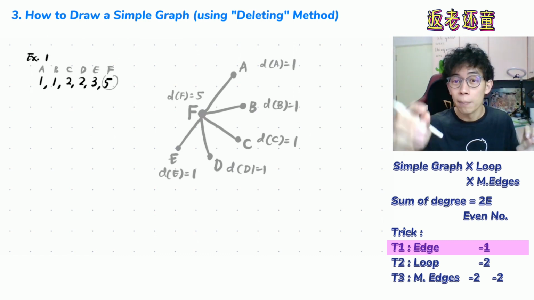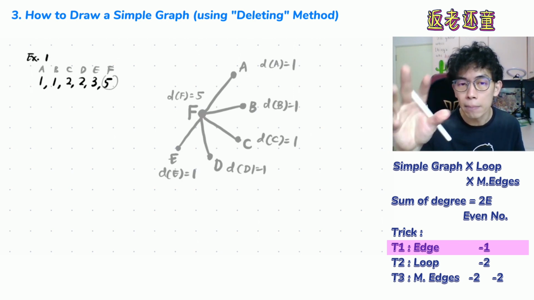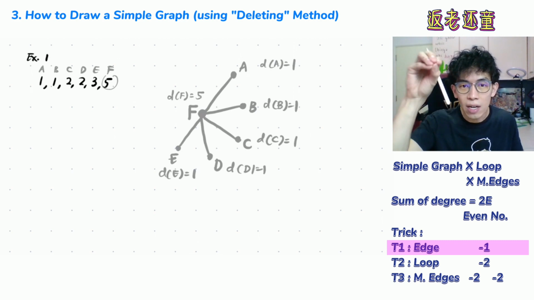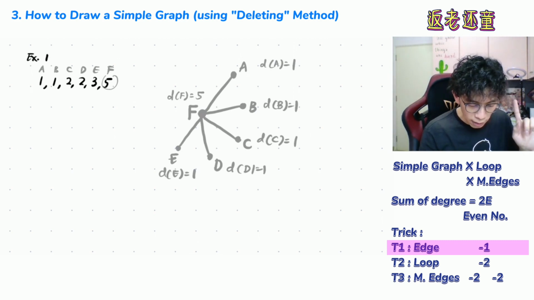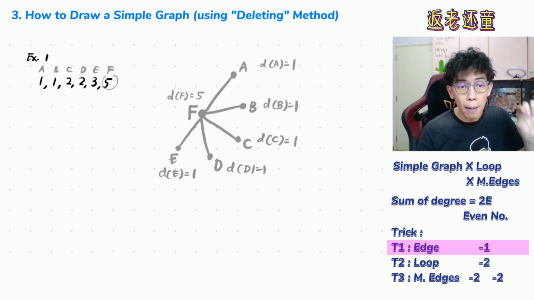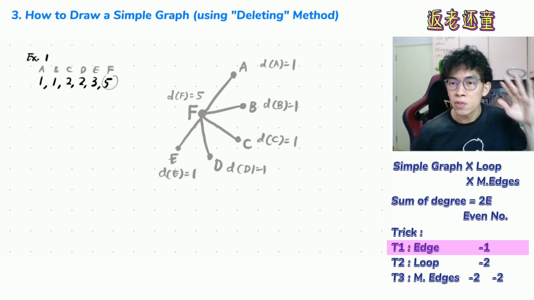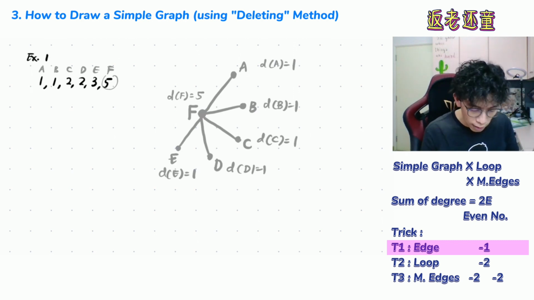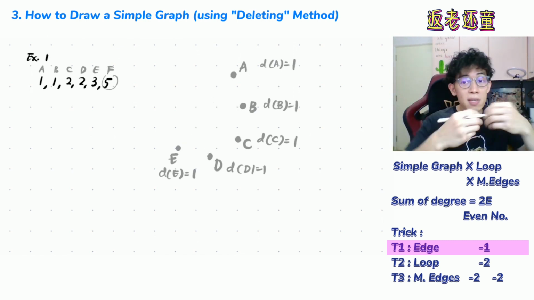Look at this. I already mentioned the method says deleting. Delete means remove, you're going to take away, you're going to erase it. So you see what I do? I take my eraser and erase the F, where 5 lines are shooting towards F. The moment I erase it, all the lines connected to F go off because F is gone.